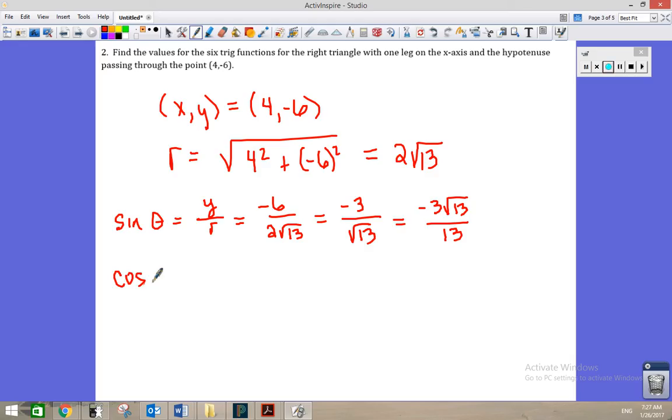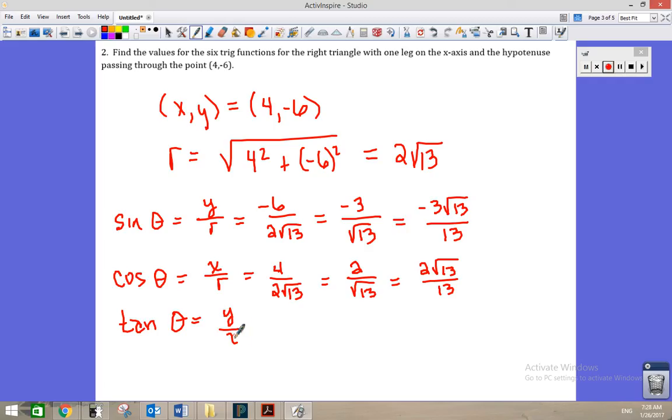The cosine of theta is x over r, 4 over 2 radical 13. Rationalize the denominator. The tangent of angle theta is y over x, -6 over 4, negative 3/2.